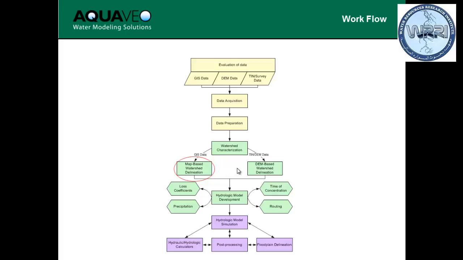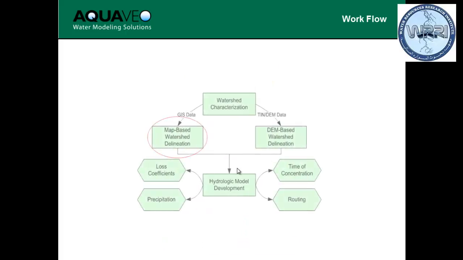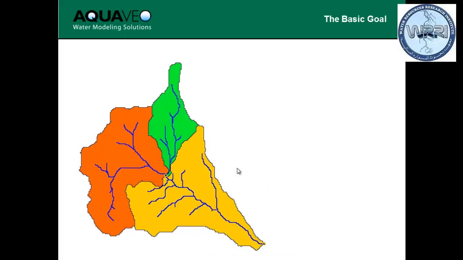The other way is DEM-based watershed delineation, and DEM-based watershed delineation is an automated way of doing map-based watershed delineation. But first we're going to talk about map-based watershed delineation. Watershed delineation is kind of the hard part, and then we'll talk about the easy stuff, and that's DEM-based. DEM-based is just automated map-based watershed delineation.